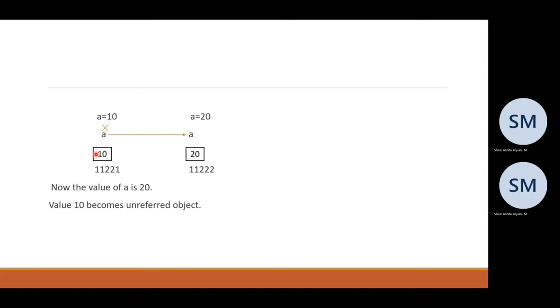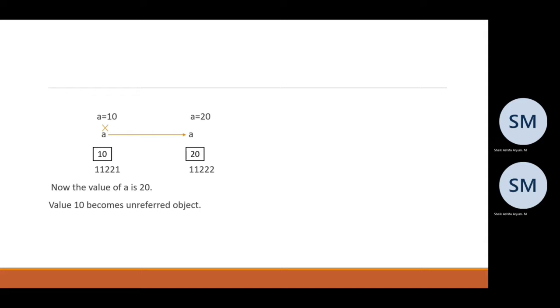So the garbage collector identifies this unreferred object and removes it from the memory. By this the memory will be saved, so when we use the Python language, proper utilization of memory is done.